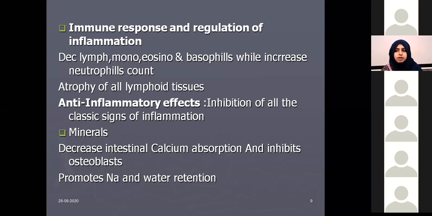So all these mechanisms help in decreasing the signs of inflammation. It also decreases intestinal calcium absorption and inhibits osteoblasts. That's why corticosteroids have a potential to cause osteoporosis. And it also promotes sodium and water retention by mineralocorticoid activity.